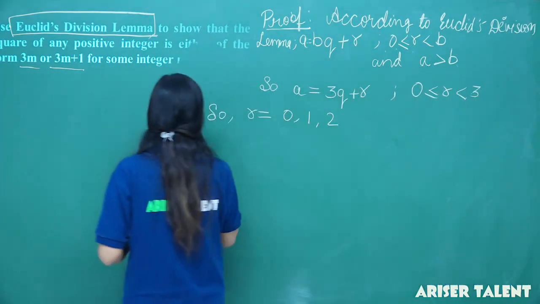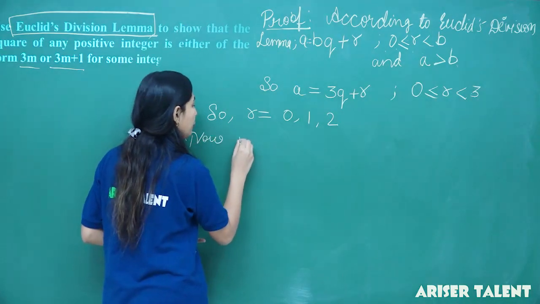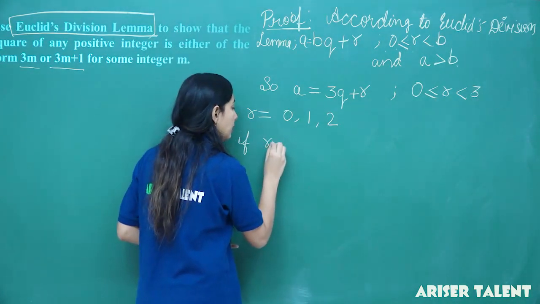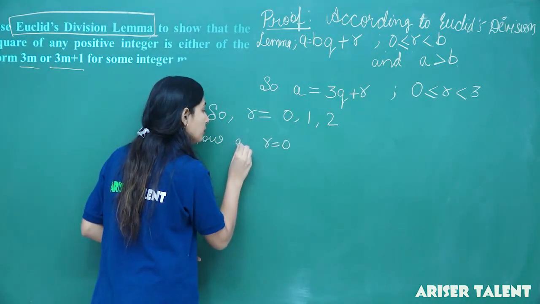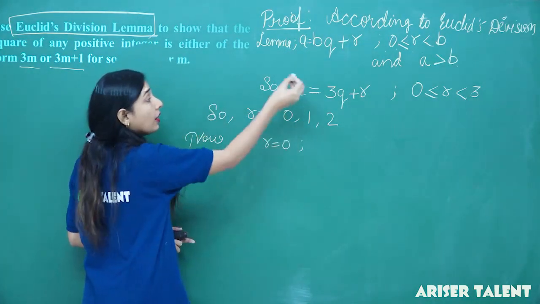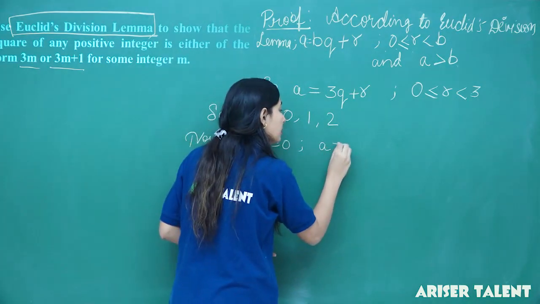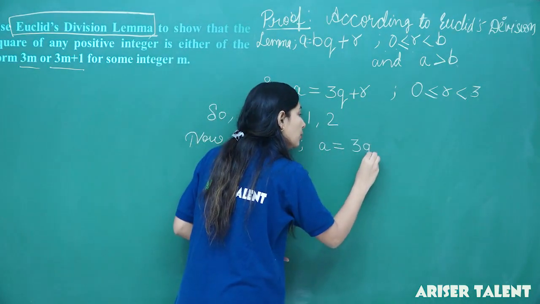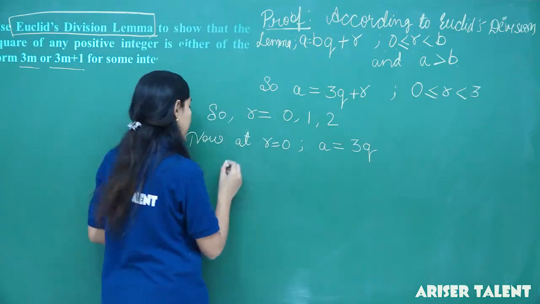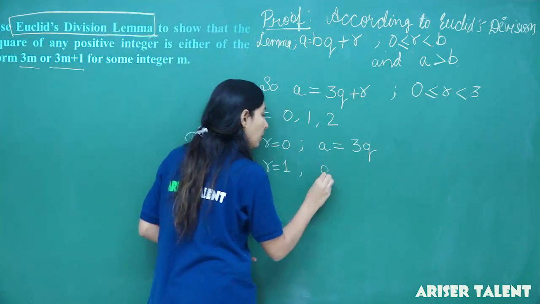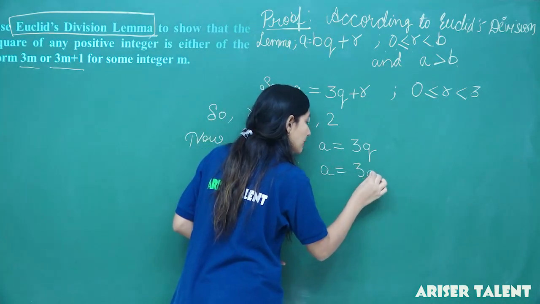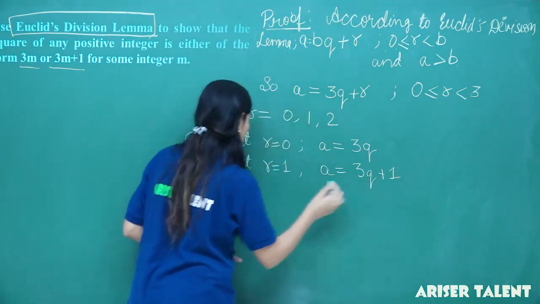Now, at R equals 0, what will be the value of A? A will be 3q only. At R equals 1, A will be what? 3q plus 1.